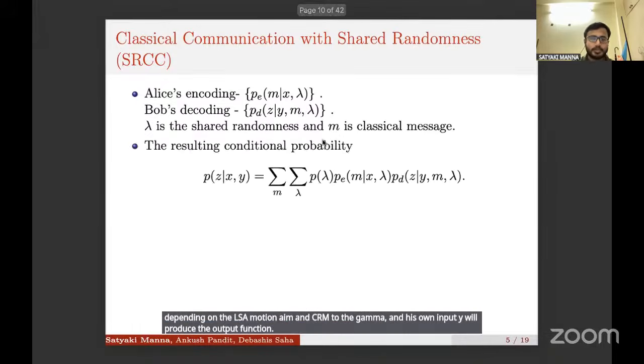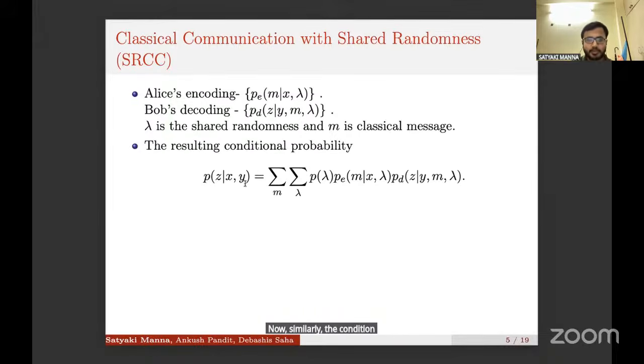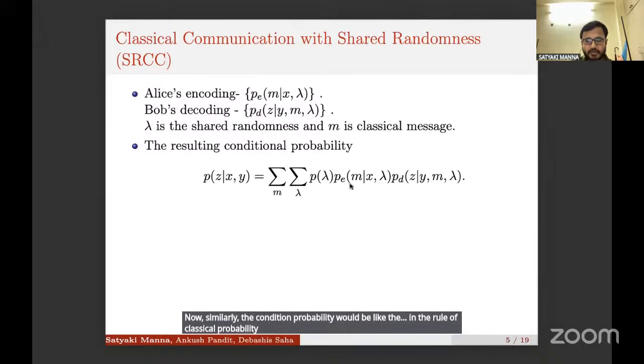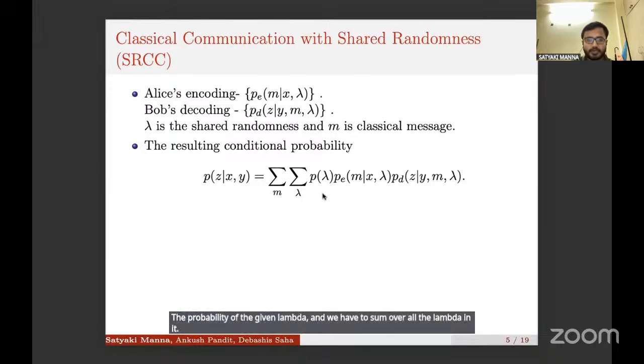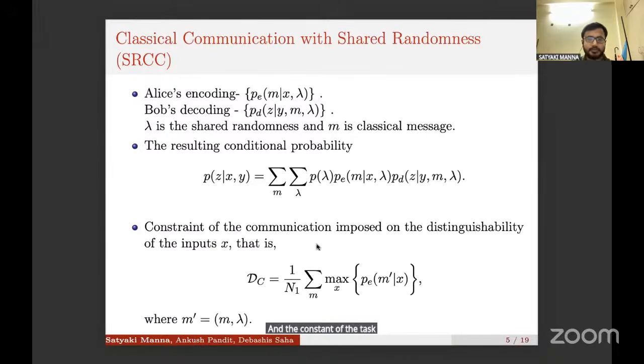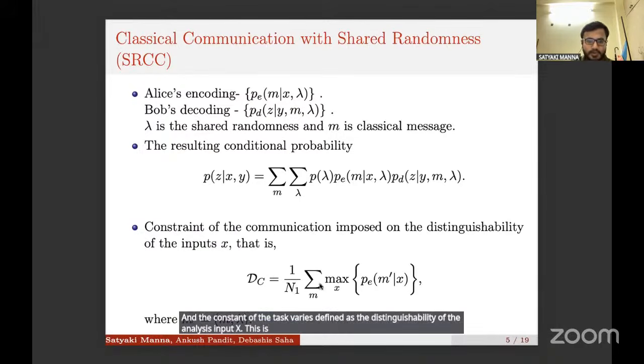Now, the conditional probability of z given x, y will follow the rule of classical probability. That will be the multiplication of the encoding probability, the decoding probability and the probability of lambda, and we have to sum over all lambda. The constraint of the task here is defined as the distinguishability of Alice's input x, which is reduced to this. This is a max over all the possible encoding probabilities.